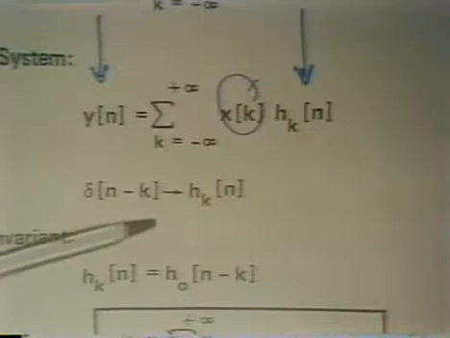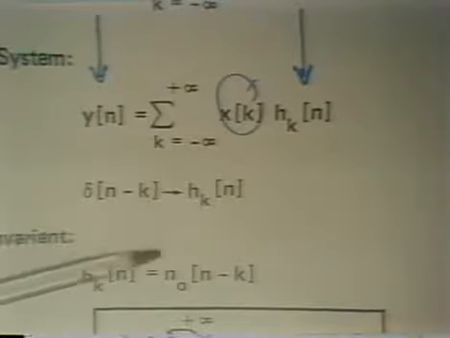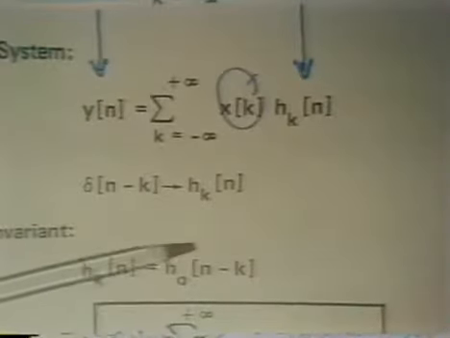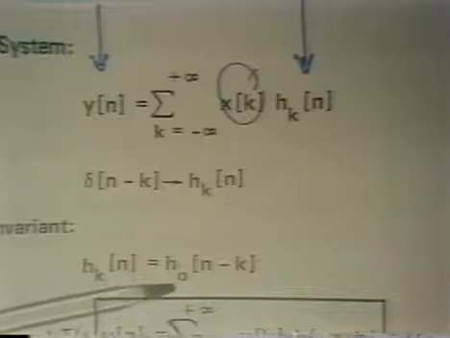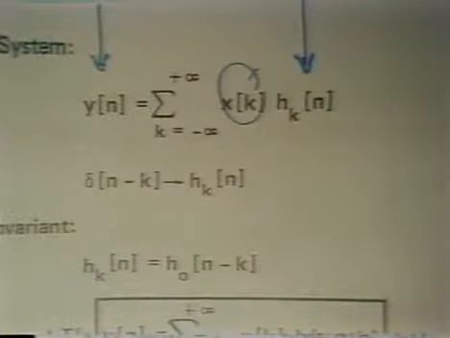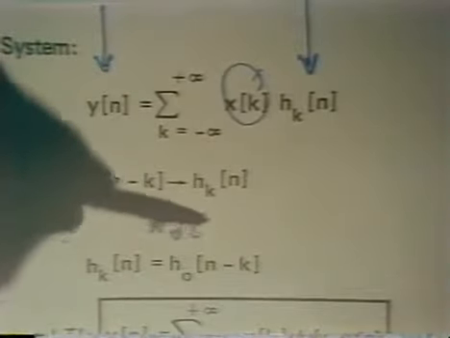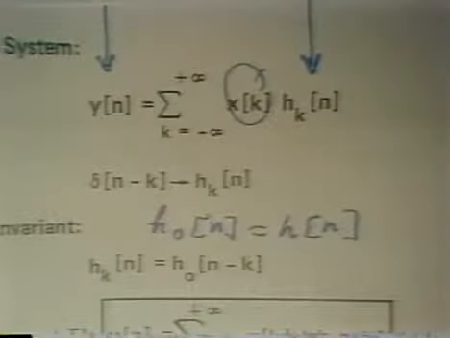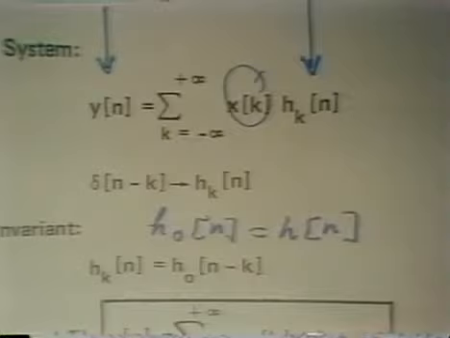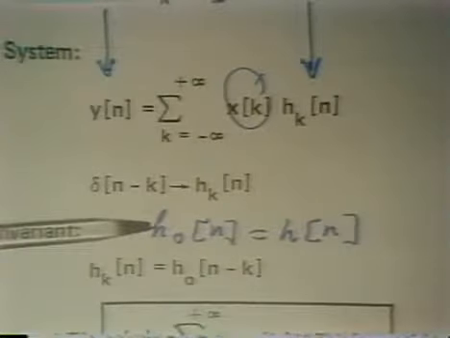Said another way, h sub k of n is simply h0 of n minus k, where h0 is the response of the system to an impulse at n equals 0. And it's generally useful to, rather than carrying around h0 of n, simply define h0 of n as h of n, which is the unit sample or unit impulse response of the system.